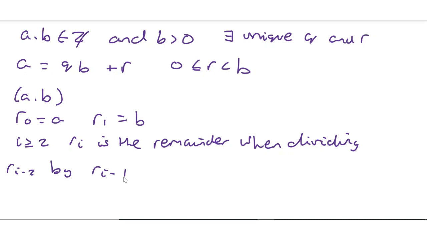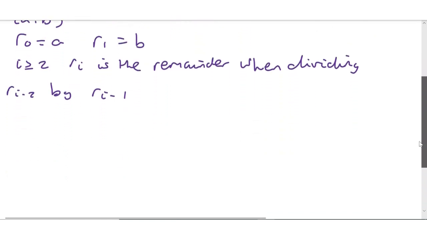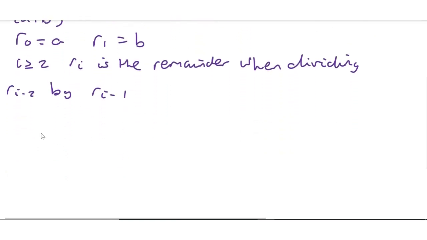So this is some recurrence relation, which sounds a little confusing, but all this means is that starting off with a and b, we perform the division algorithm.